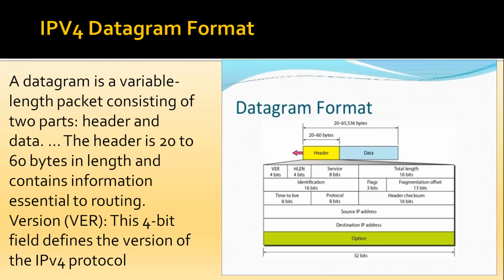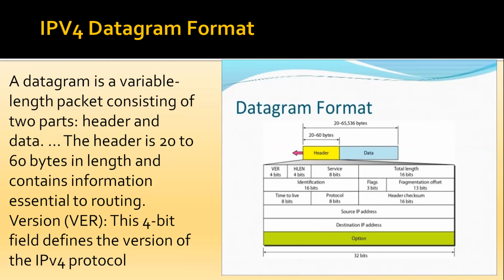Here is the IP version 4 format. A datagram is a variable length packet consisting of two parts, header and data. The header is 20 to 60 bytes in length and contains information essential to routing and delivery.